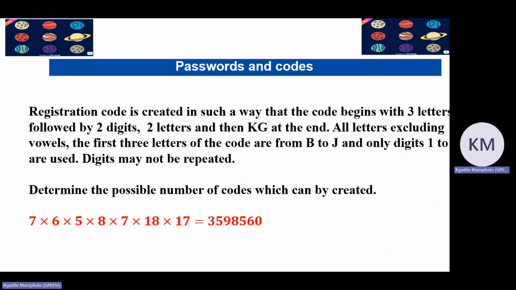Now, it means because letters are not repeated, we excluded the 5 vowels. Also, we excluded the kg. So then it's 19. We can just say we excluded kg.